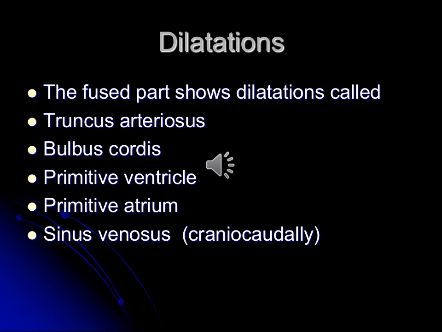The primitive ventricle is still a single chamber which later will be dividing into two, right and left, but this division will not be complete till the baby is born. So there is always a communication between the right half and left half of the ventricles. The same thing goes for the primitive atrium. It has a wonderful history that we will see soon. And the caudalmost portion of the heart tube is called the sinus venosus.